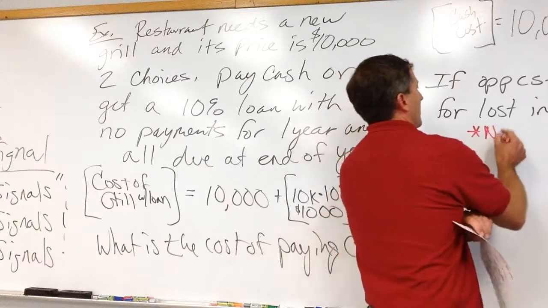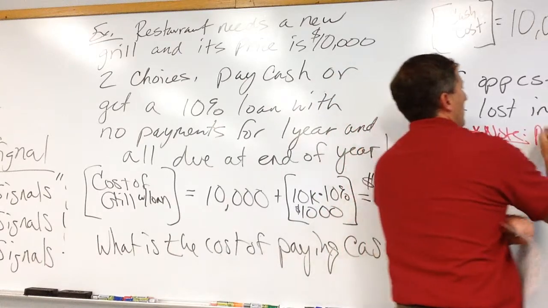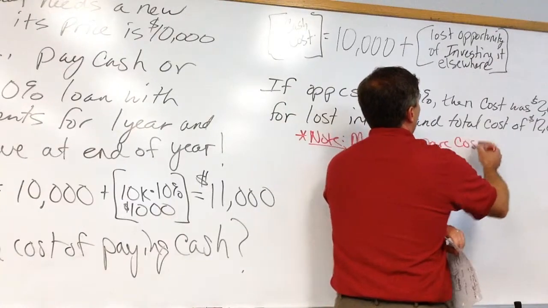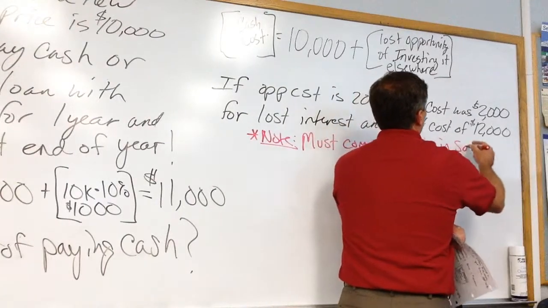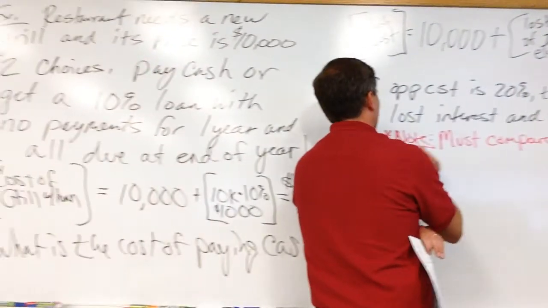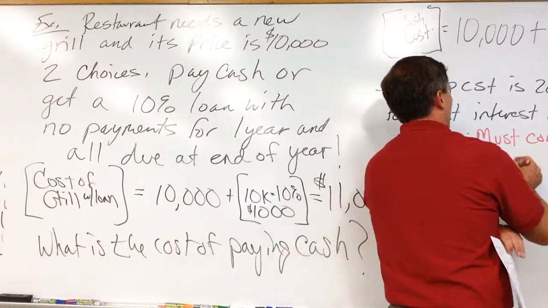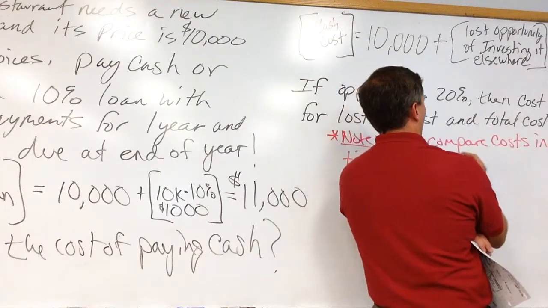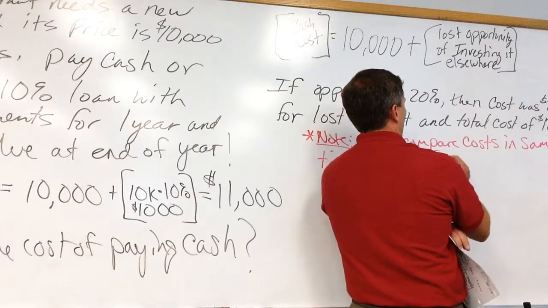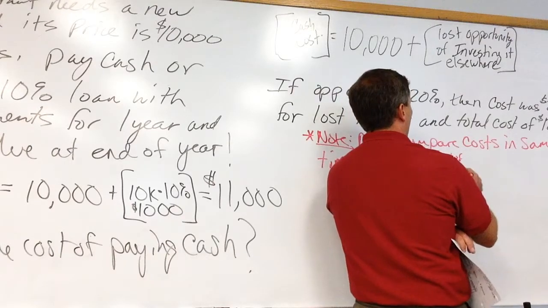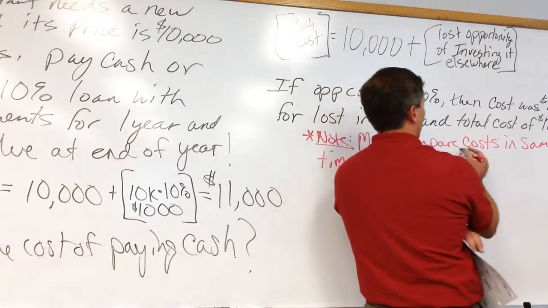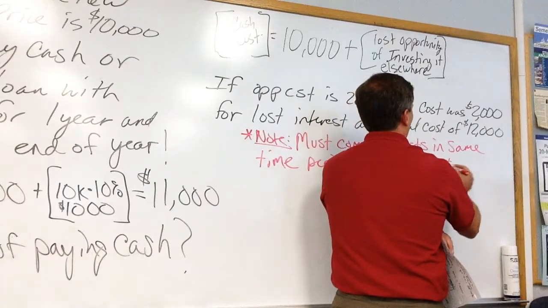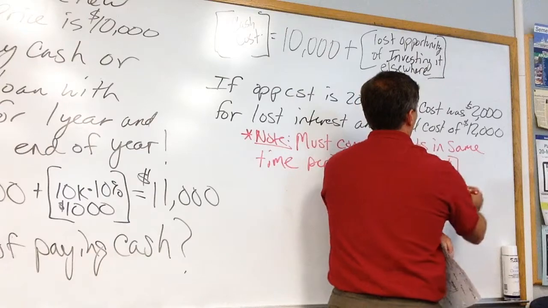Let's put in this little note here. Must compare costs in the same time period. So what we're really looking at is the cost of the loan method in 1 year versus the cost of cash after 1 year.